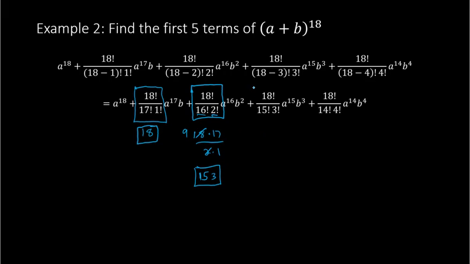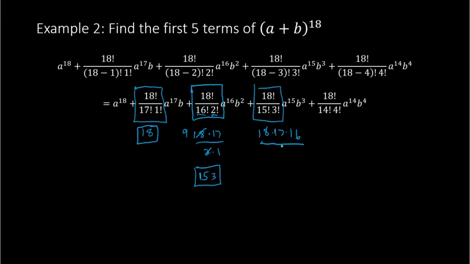Now this next term right here, we would have 18 factorial and 15 factorial. If you can visualize that, that's going to cancel out the 15s all the way down to 1. So you're left with, in the top, just 18, 17, and 16. And then the denominator, the 15 factorial, cancel with all the 15, 14, 13, etc. with the top.